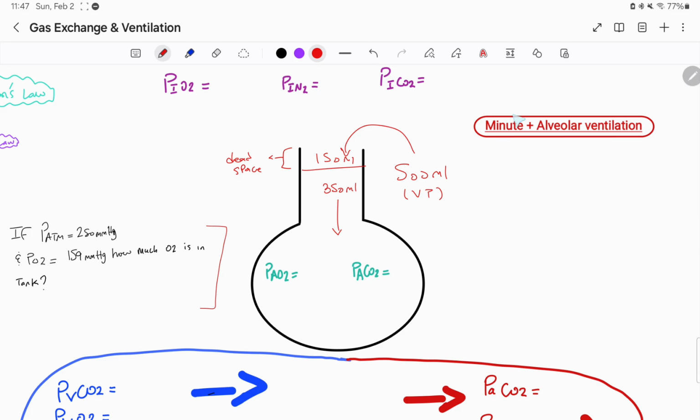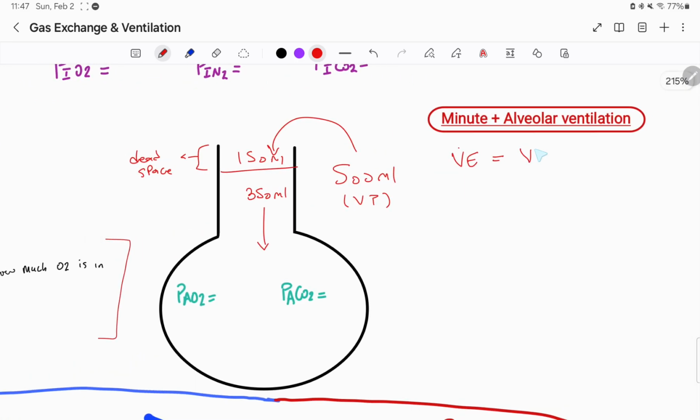Cool, so that's a little bit about dead space, but we have to do some calculations for this. We have two: minute ventilation and alveolar ventilation. Minute ventilation is your tidal volume times F. What's F? F is the frequency of your breathing, or your respiration rate, which you can also write as RR, but F is more common.